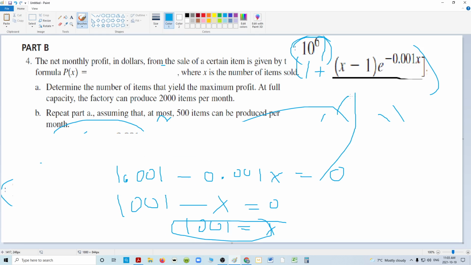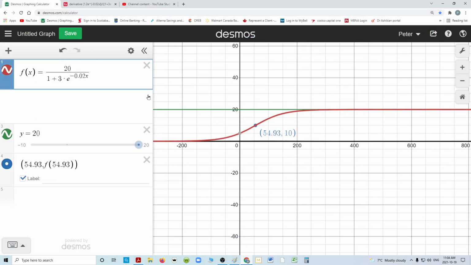You've got to take the quotient rule. It's easy if you keep the 10 to the 6 out of there, and you'll discover once you factor out the e value, it's whatever's inside the bracket set to 0 that is going to give you your max. Let's just use Desmos at this stage.